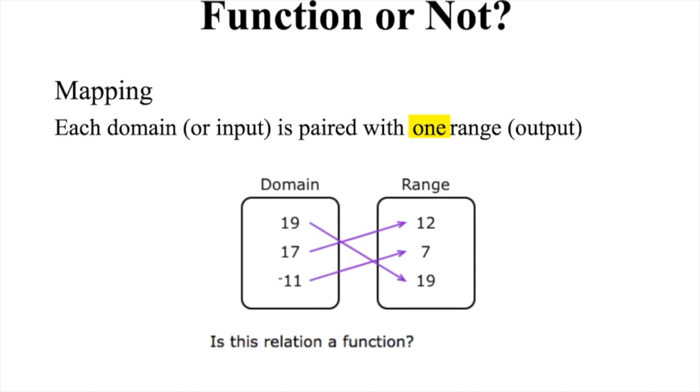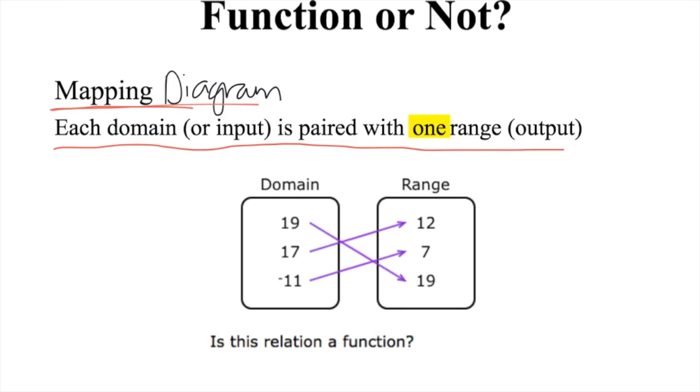Okay, so our first example is going to be mapping. For each of these examples, you're going to need to write down what it's called, and I'm going to add the word diagram. So our first is a mapping diagram. A mapping diagram says that each domain or input is paired with one range or output.